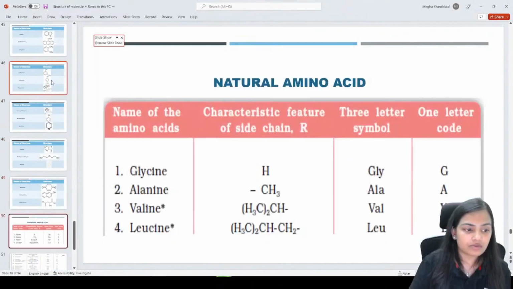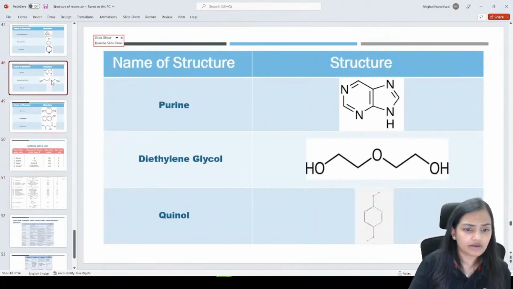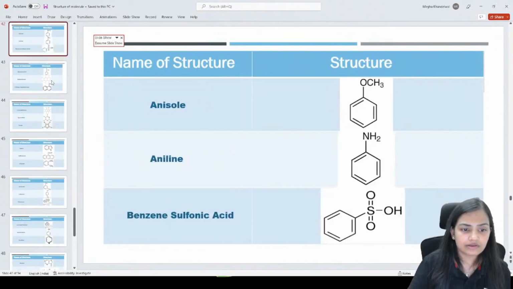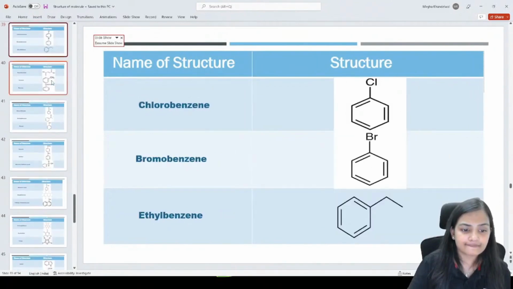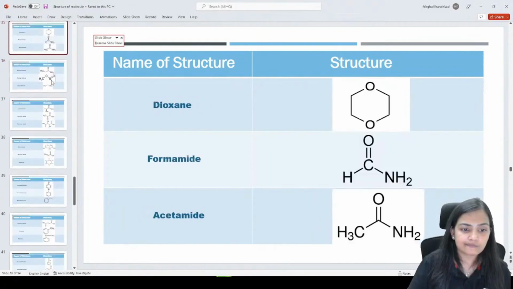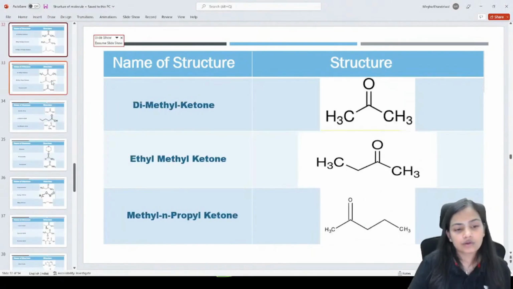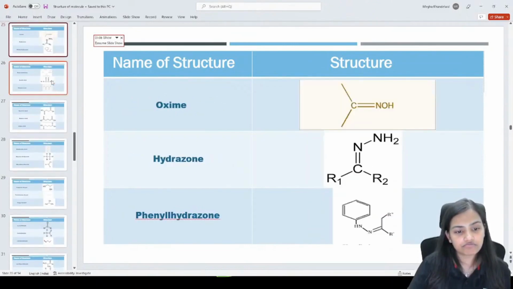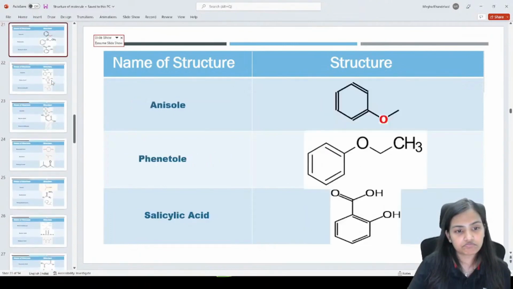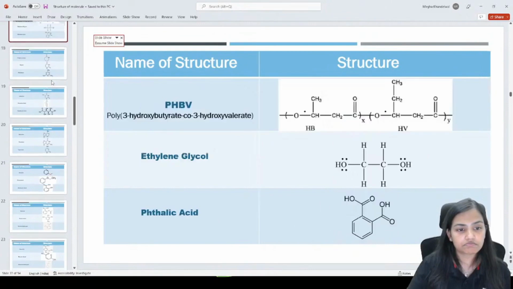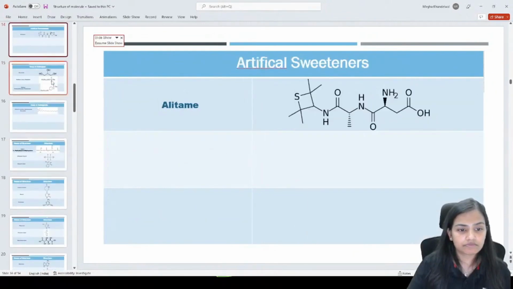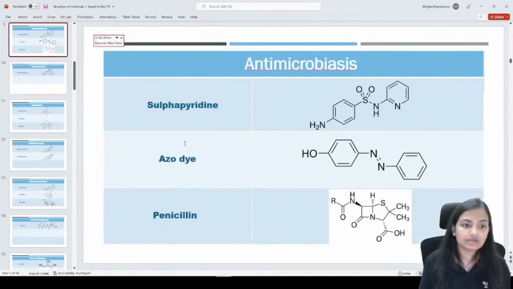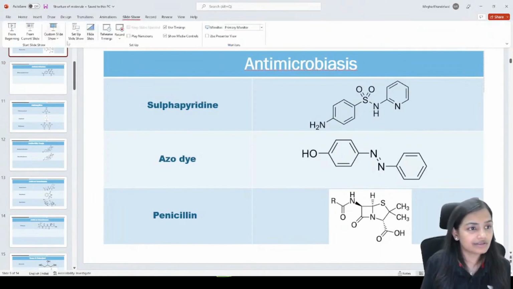There are so many compounds. Oh, I have not found penicillin. How does it happen? I think I have missed it. It was there in the slides. Might be not there. Penicillin, there it is, no? Yeah.